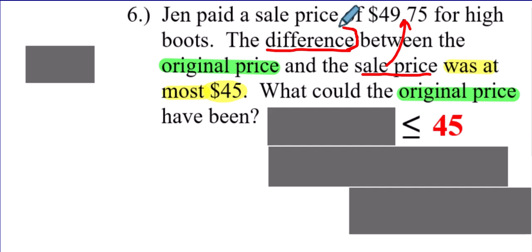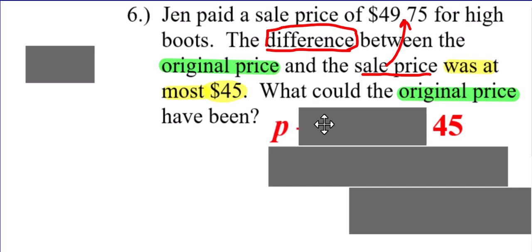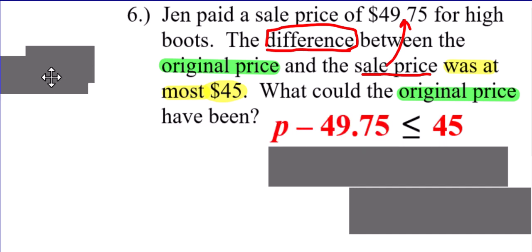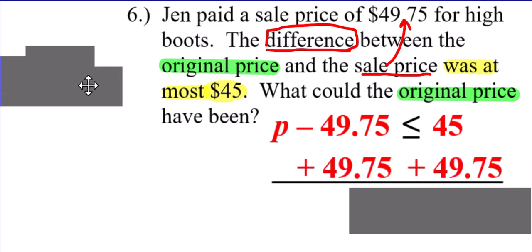What does difference mean? It means a subtraction problem. So, did you have a variable for the original price subtracted by the sale price, which was $49.75? And then from here, the inverse of subtracting, because you ask yourself what's happened to the variable, it's being subtracted. Inverse of subtraction is adding. Add by that number on both sides.